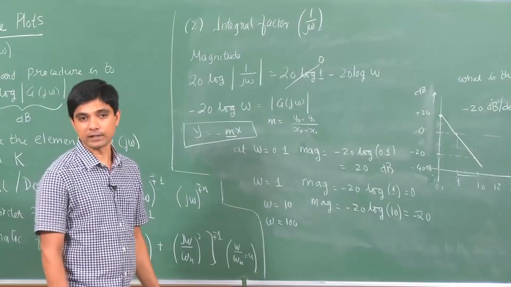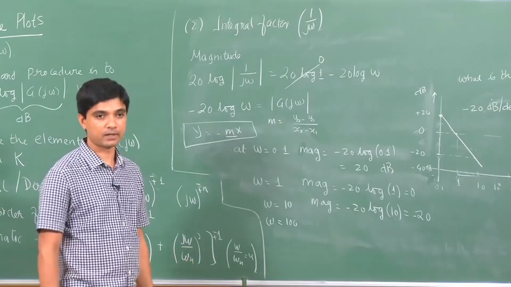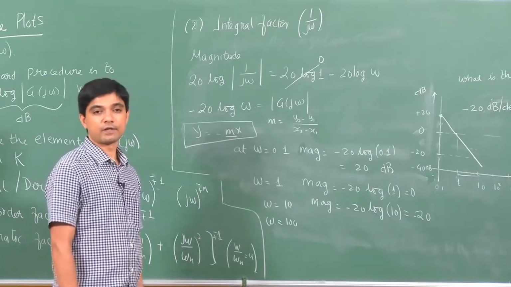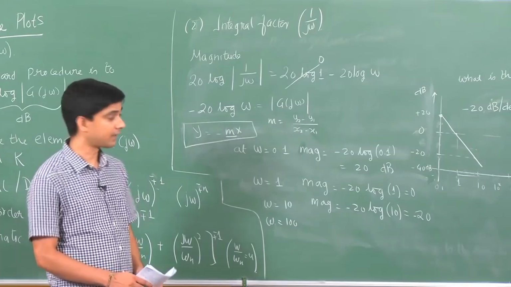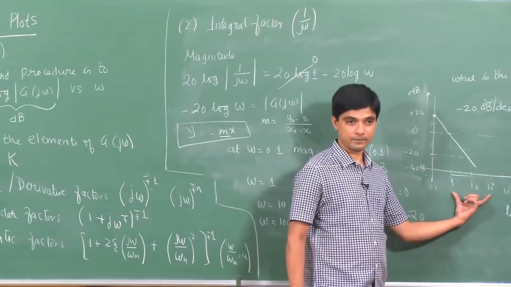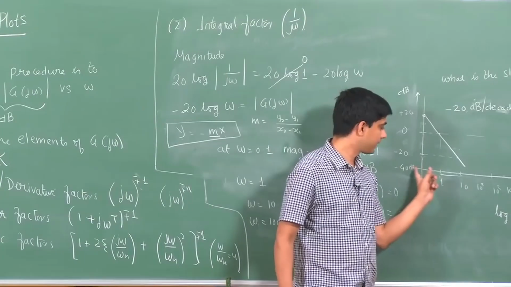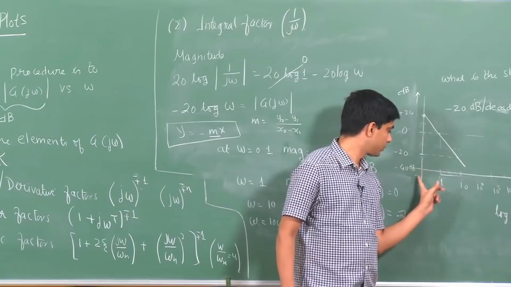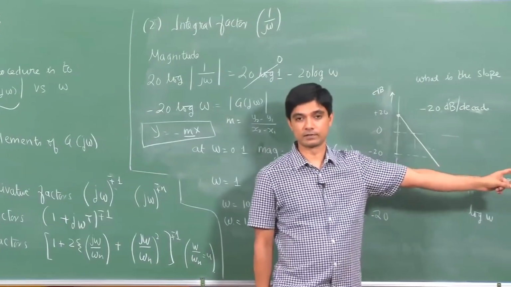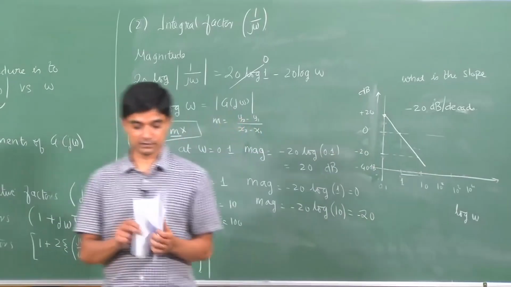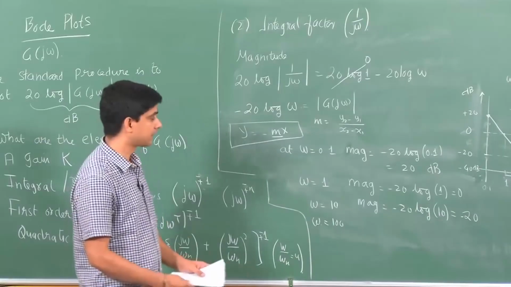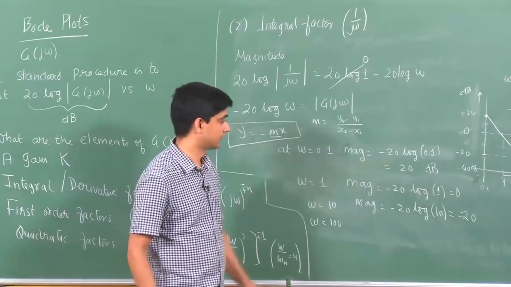If I were to plot that on a graph sheet in the market, I would need a graph sheet as big as a football stadium, and I would not want to do that. Instead, I can just do it in a log scale. In the log scale, my frequencies from 0.1 till 10 power 4, 10 power 6, I can really get very big frequencies in a small A4 size paper, whereas I cannot do it on a normal graph sheet. That is another advantage of why we do this in the log scale.